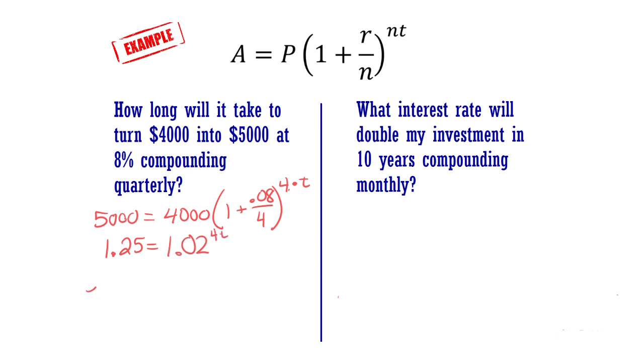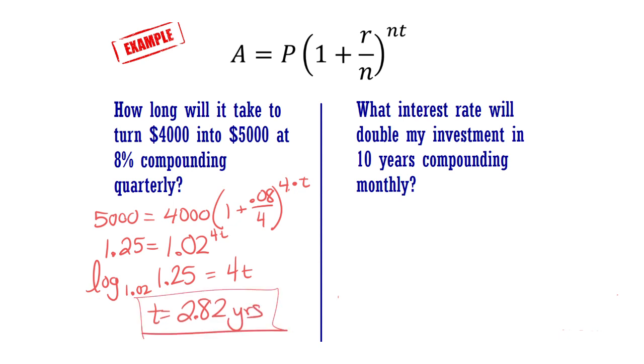So, ready to switch to a logarithm: log base 1.02 of 1.25 equals 4t. Now I can just type that in my calculator. I'm going to use that alpha math, because I have a weird base here, and then take that value and divide it by 4. And what I ended up with was 2.82 years.